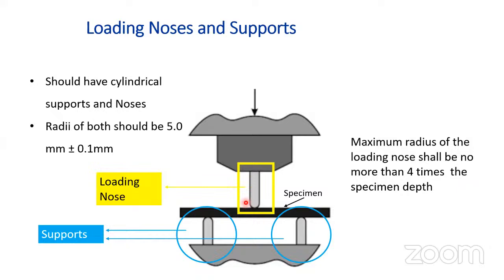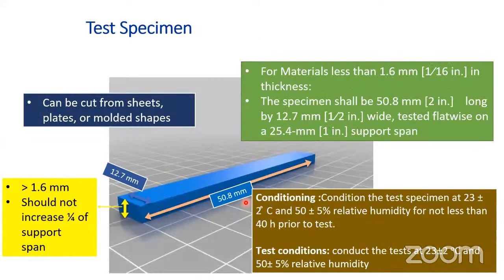What kind of test specimens are used for this kind of testing? Here we have mentioned the specification of the sample. Your sample should be 50.8 mm in length, 12.7 mm in width, and the height is nearly 1.6 mm.